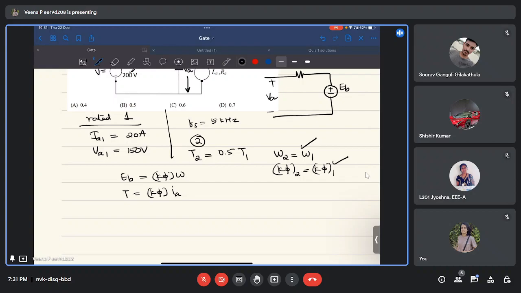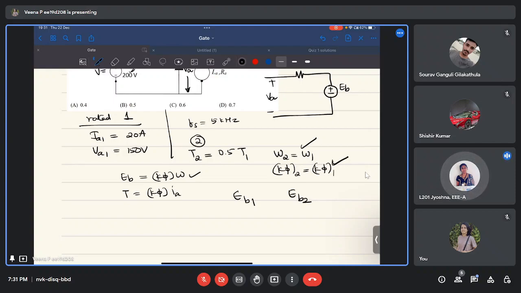With this information, what can you make out of back EMF in the first case and back EMF in the second case? What is the relation between EB1 and EB2? You know EB is equal to k phi times omega. And k phi 1 and k phi 2 are the same, omega 1 and omega 2 are the same. So what about EB1 and EB2?